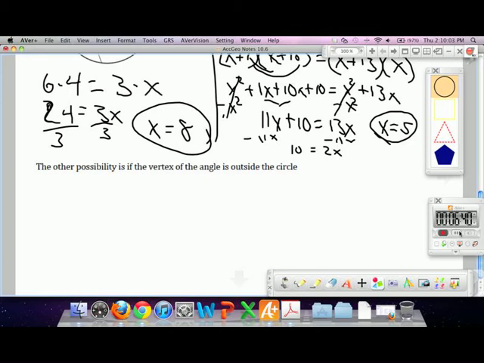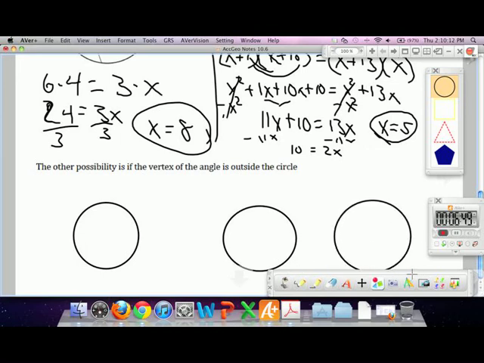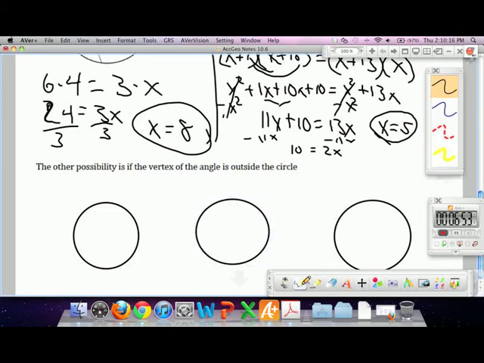And there are really three ways to create segments from what we've been given. If I'm going to have two segments intersect, I can intersect in relation to this circle.